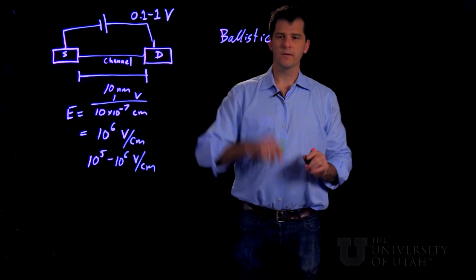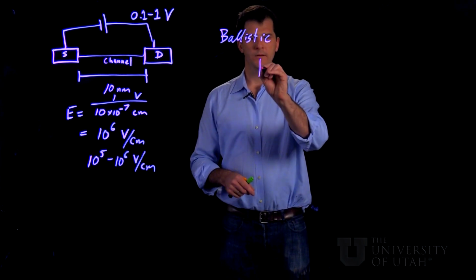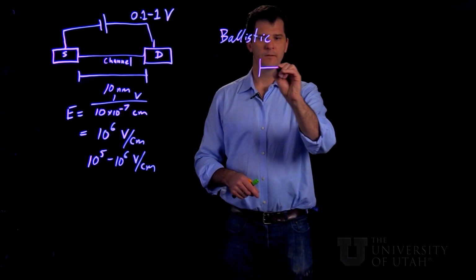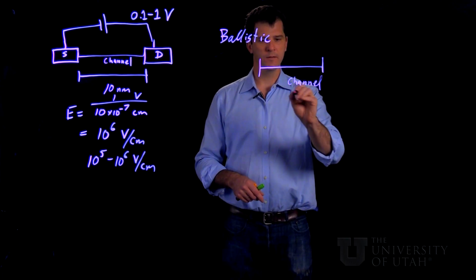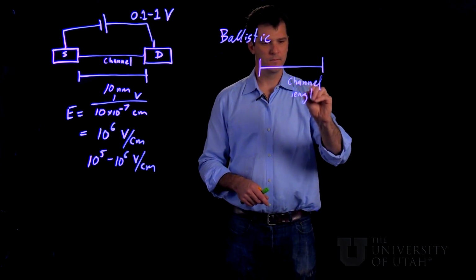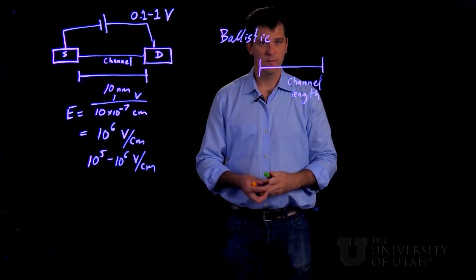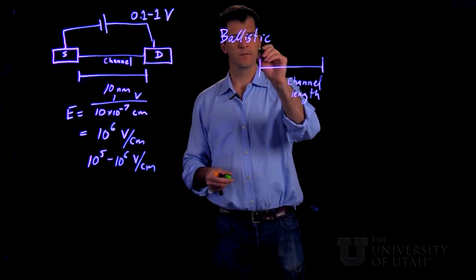So in the ballistic regime, the idea is that the distance you're traveling through this channel, the channel length, is actually shorter than the mean free path.